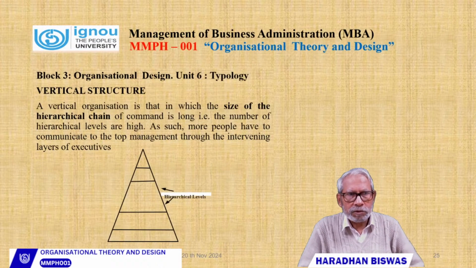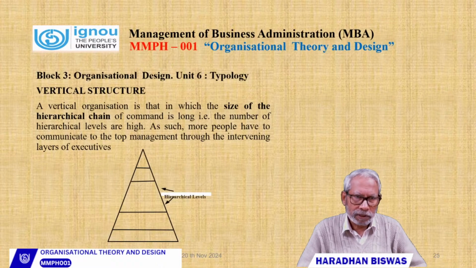We see here some vertical structures, showing the size of the vertical structures. In these structures, the size of the chain of command is common. Hierarchical levels may be 3, 4, or 5 levels, depending on the size of the company.